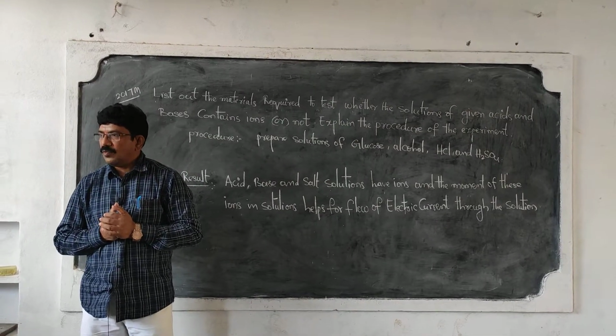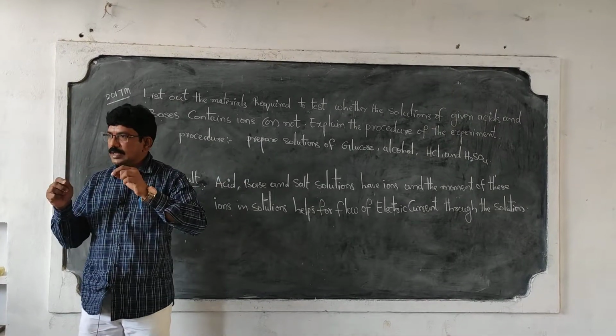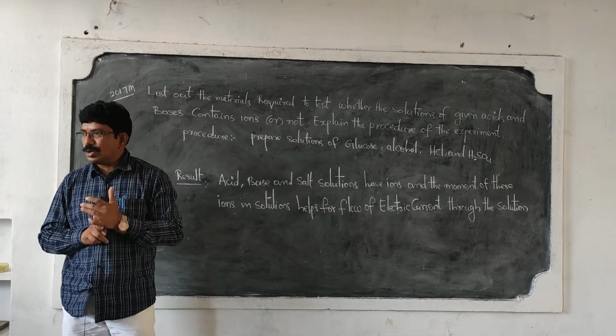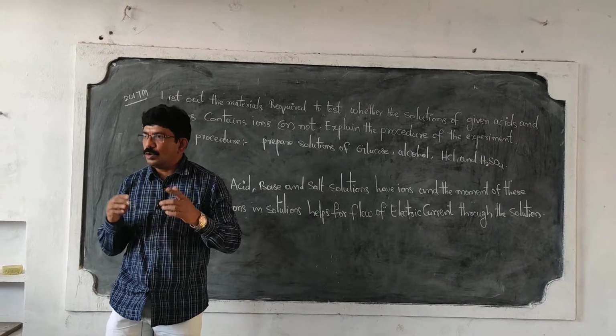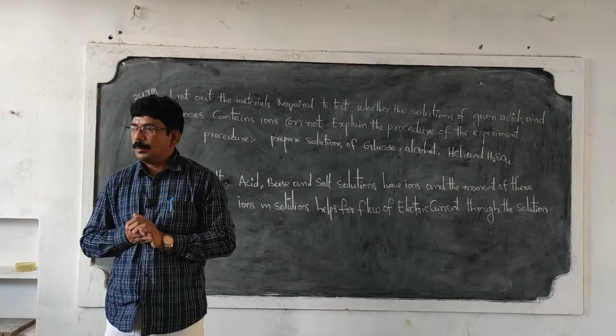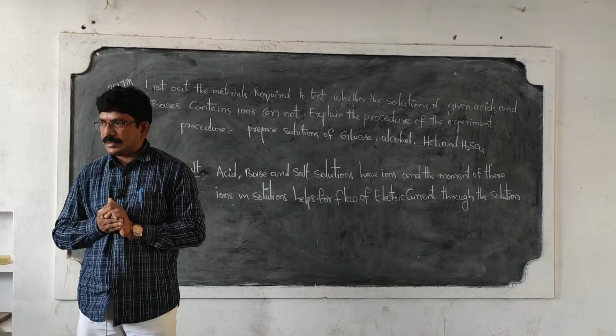When these electrodes are immersed inside the distilled water, there is no glow of the bulb. It means we can conclude that there are no ions in distilled water.